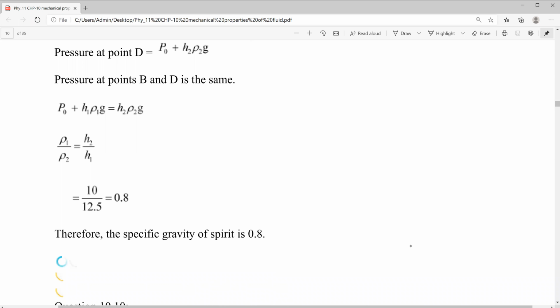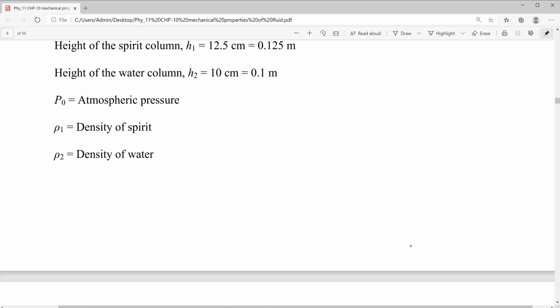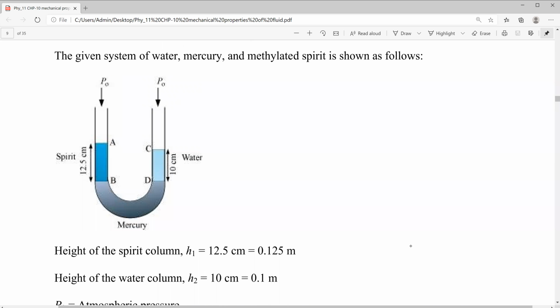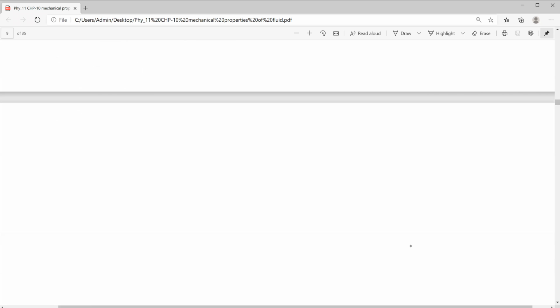So whatever the diagram we considered, same diagram we are considering now to solve 10.10. To this again we are adding the level of the spirit and the water column. How much? 15 centimeters. Same diagram.